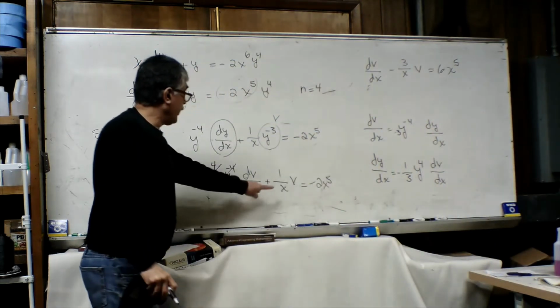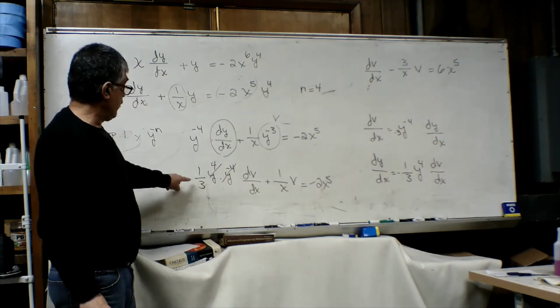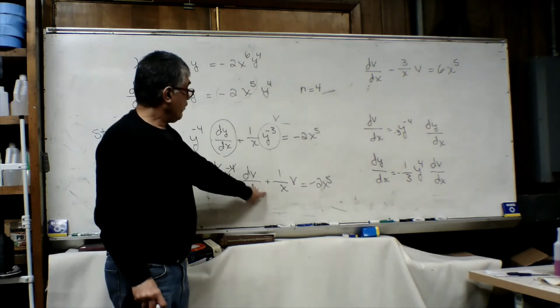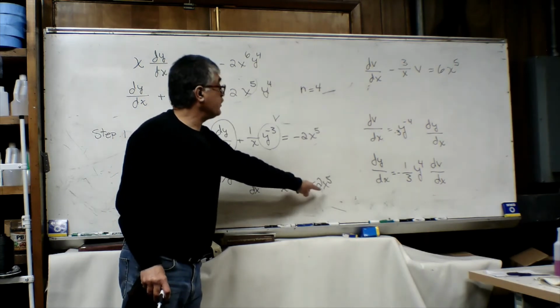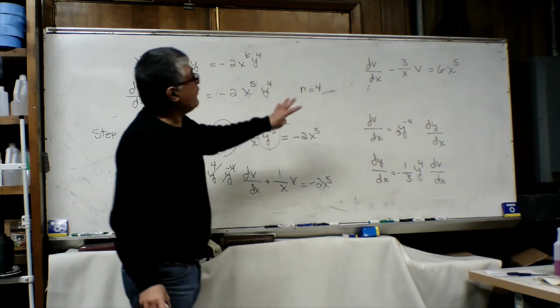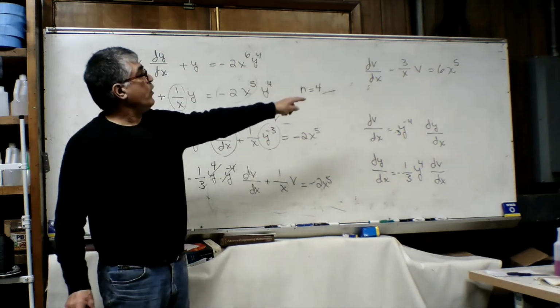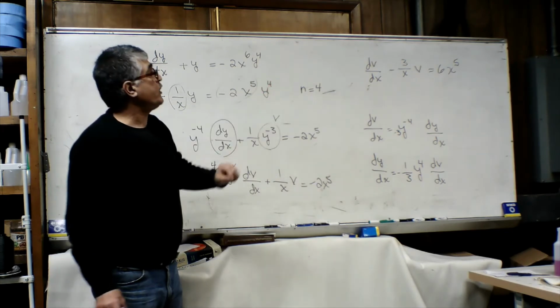So we multiplied both sides of equation by minus 3. Now we have transformed this equation into a first order linear differential equation.